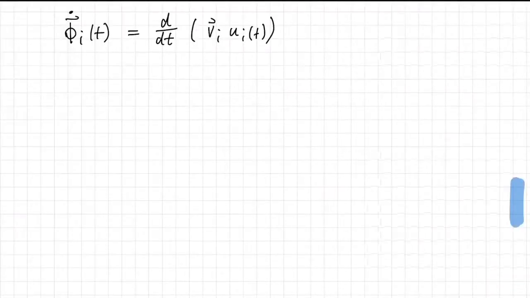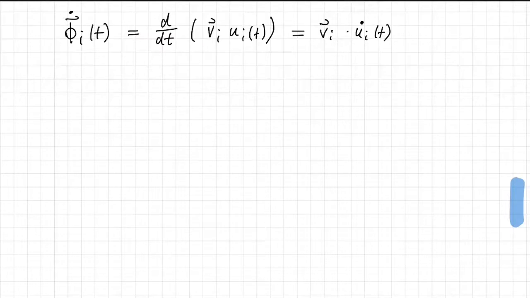We compute the first derivative of phi i of t with respect to t. Note that vi does not depend on the parameter t, so it is a constant with respect to that. So we get the easy result that this is vi times ui dot of t.